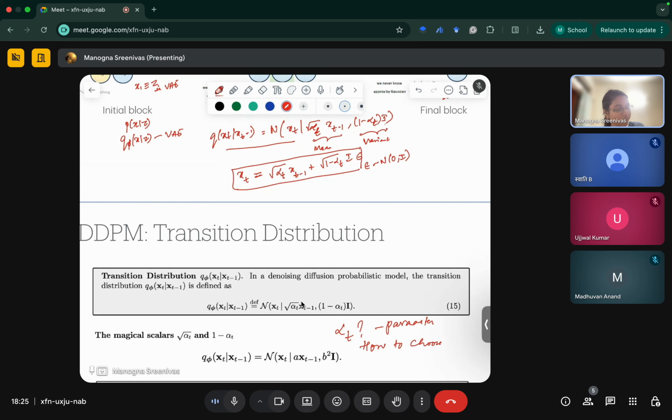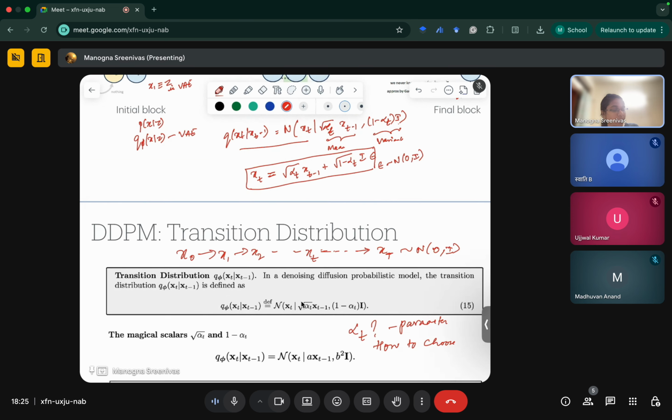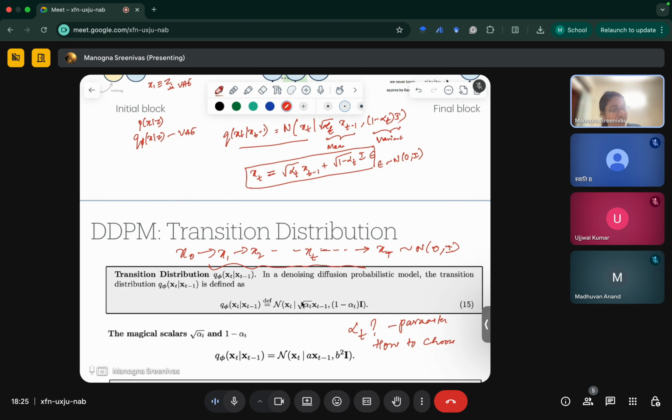So what am I trying to model? This is a transition distribution. From x naught I go through all these intermediate latents, and finally I get to xT, which is supposed to be a standard Gaussian. I know these are Gaussians, so I'm modeling them as Gaussians in this form, but the parameter of that Gaussian distribution is alpha t.